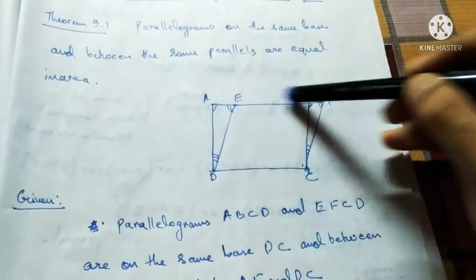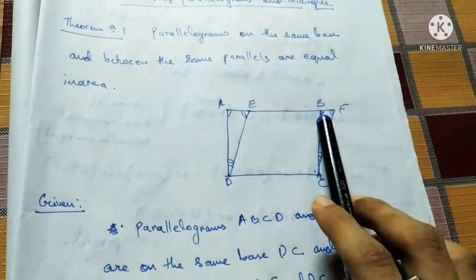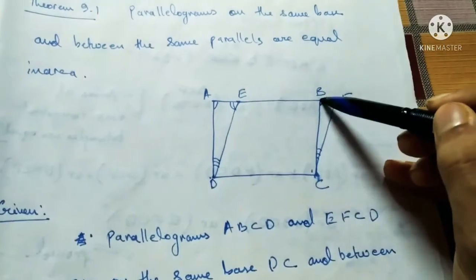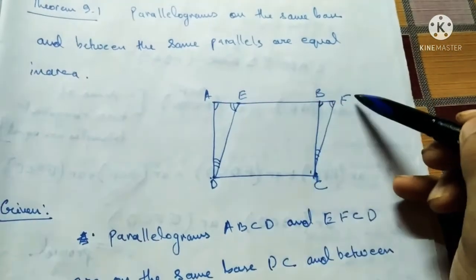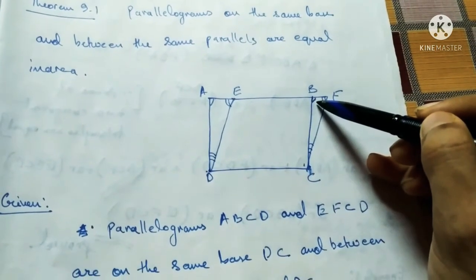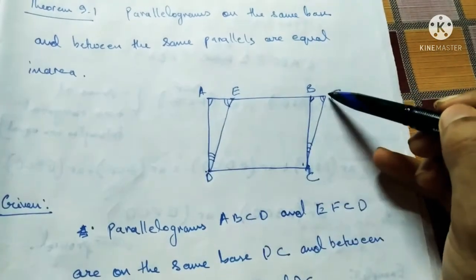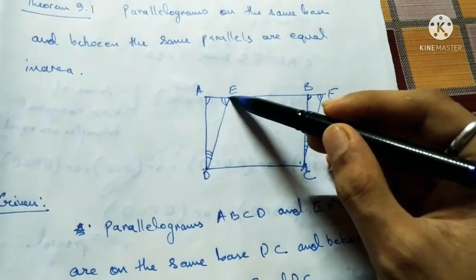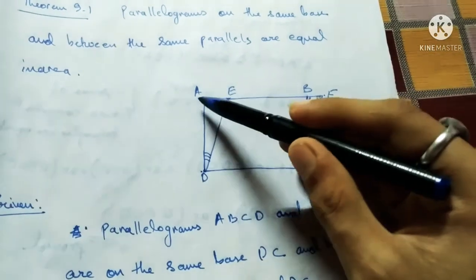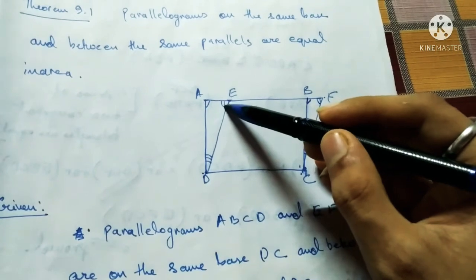And if I consider AF as the transversal, then this angle will be equal to this angle, corresponding angles. Next, ED is parallel to FC in the parallelogram EFCD. Again AF is the transversal, so this angle will be equal to this angle, again corresponding angles.